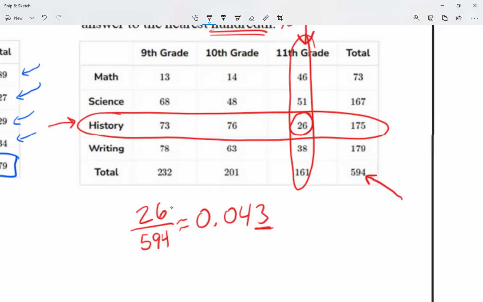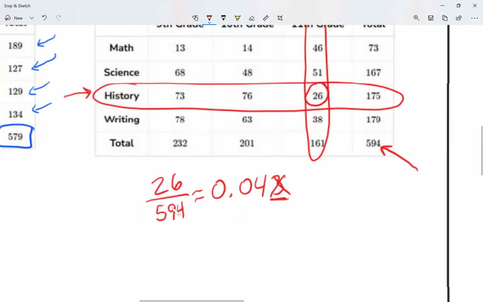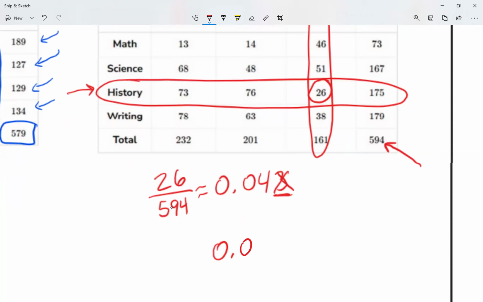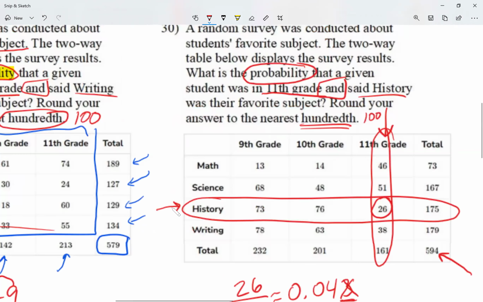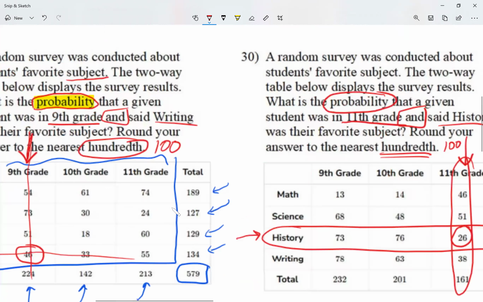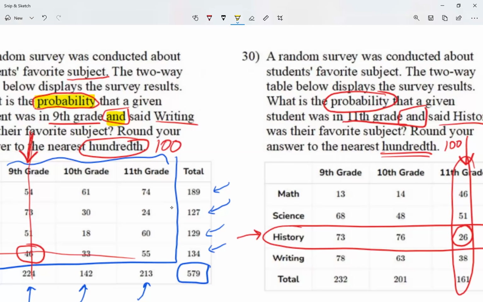Remember, the third decimal place is the third number after the decimal point. The third decimal place is 3, which is small. Remember, 4 or less, it's small, so the small numbers I ignore. So my answer will be 0.04. Pretty cool.